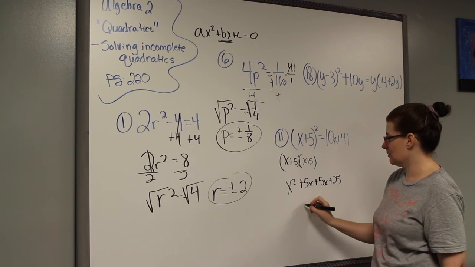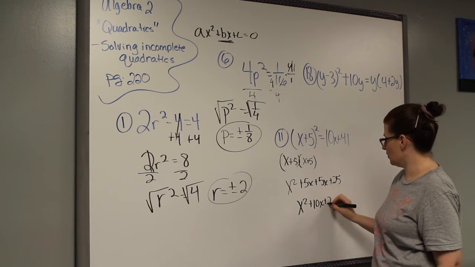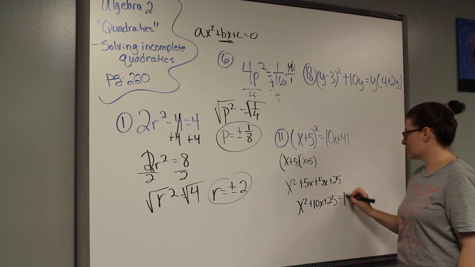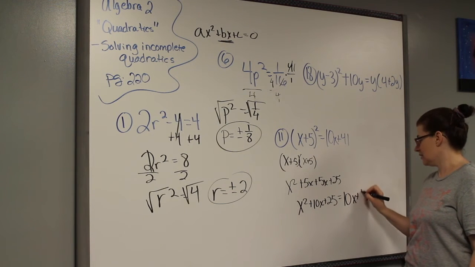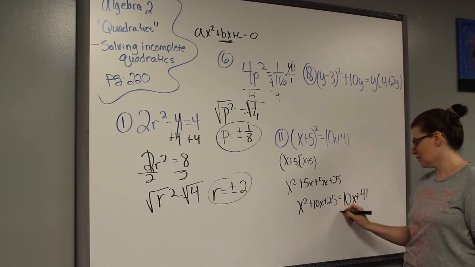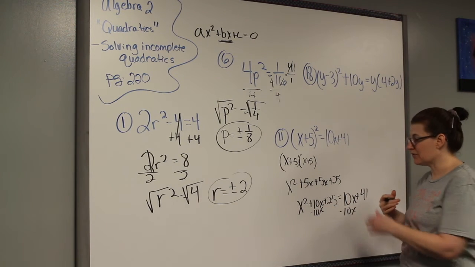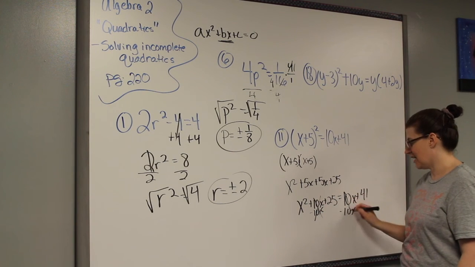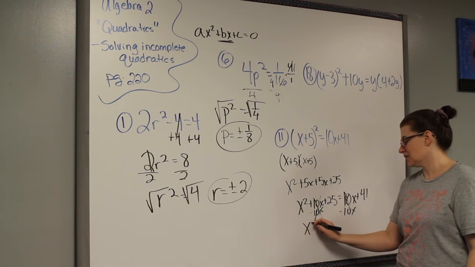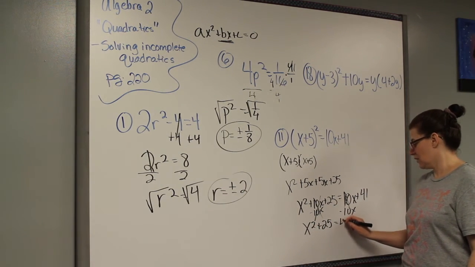So if I simplify that, that'll be x squared plus 10x plus 25 equals 10x plus 41. Alright, so now I'm going to move this 10x over, and you'll see that they cancel out because all of these that we're working with don't have that term. So then I have x squared plus 25 equals 41.